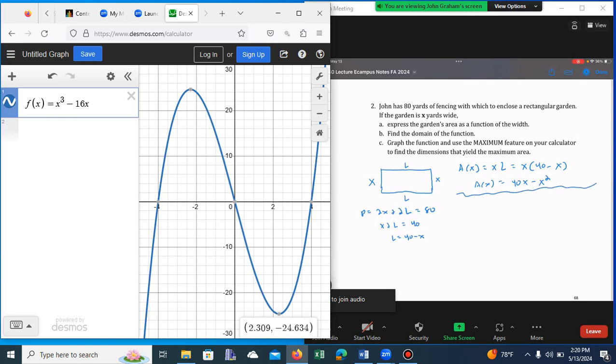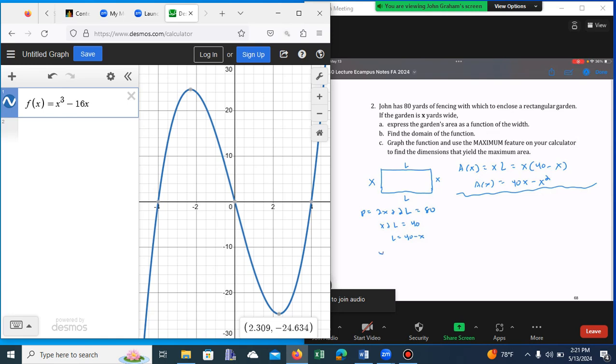Now, domain of this. For polynomial and quadratic, the domain is normally going to be all real numbers. However, with word problems and applications, domain also has to take into account what can physically happen. Right? So length or width cannot be less than 0. And in a sense, width can't even be 0. That matters.